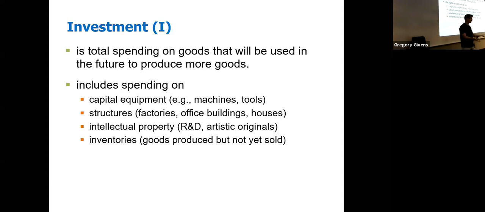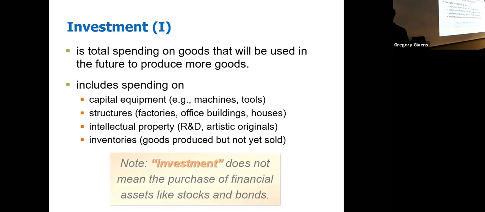Where the effect is felt is in 2020, that is when the shoes were originally produced, okay? So inventories are basically an accounting trick that allows us to count towards GDP goods that are produced this year but not actually sold to an end user until a later year, okay?